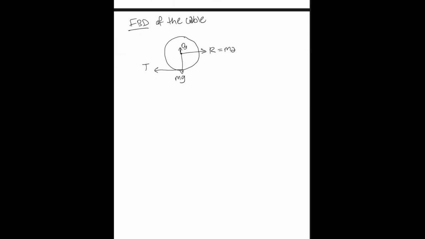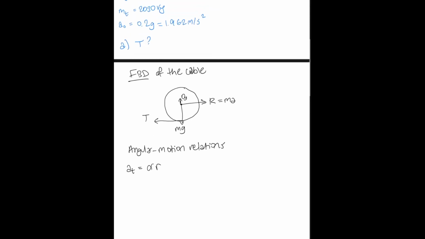So with that information, we're going to take our angular motion relations. And we're going to try to find our angular acceleration. So we know that the tangential acceleration is equal to alpha multiplied by r.